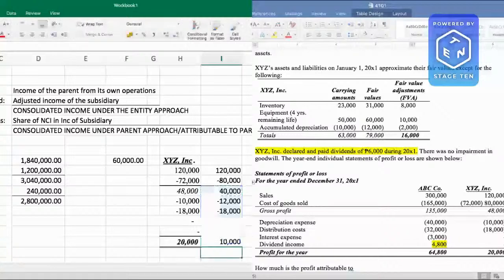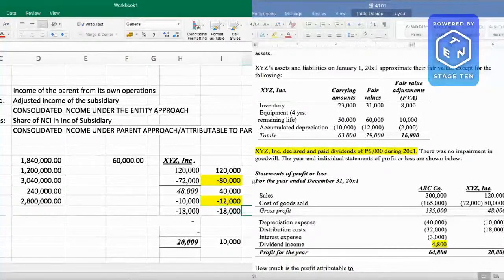So that means the income of the subsidiary in the eyes of the consolidated entity should be 10,000. Okay, by adjusting the cost of goods sold, representing the difference in the beginning inventory as perceived by the subsidiary and the consolidated entity, and the difference in the depreciation expense.